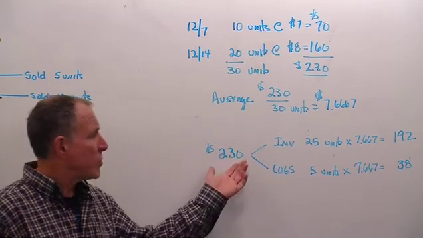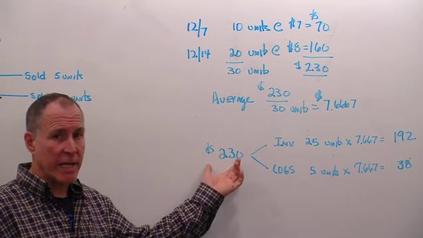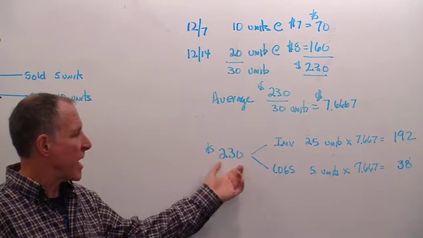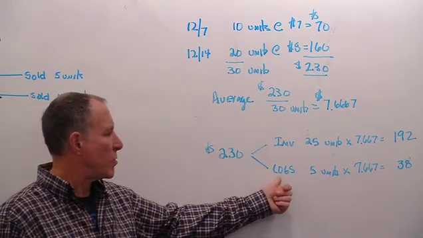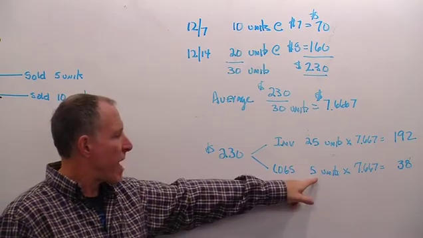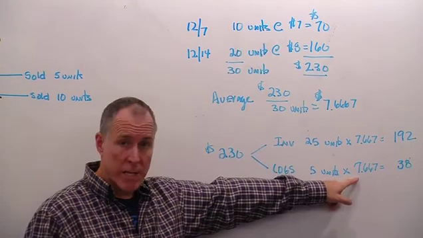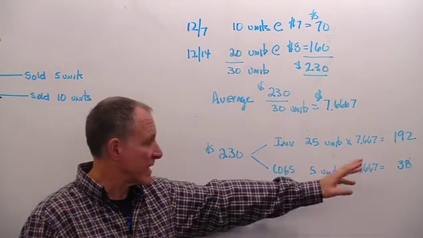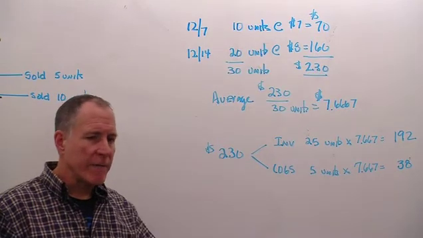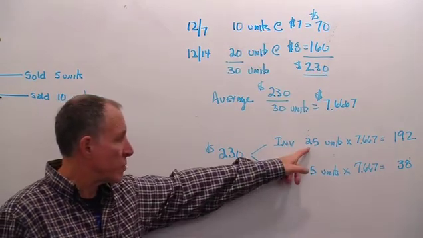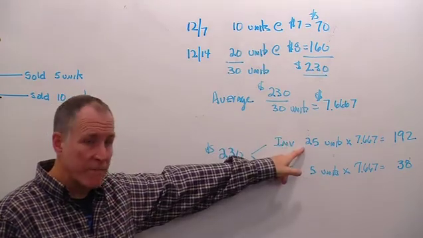So I have $230 of goods available for sale. I happen to sell 5 units, and I've abbreviated cost of goods sold, COGS. 5 units. Those 5 units are priced out at $7.666, approximately $38. The inventory I still have, which would be 25 units, I had a total of 30, sold 5, still have 25.